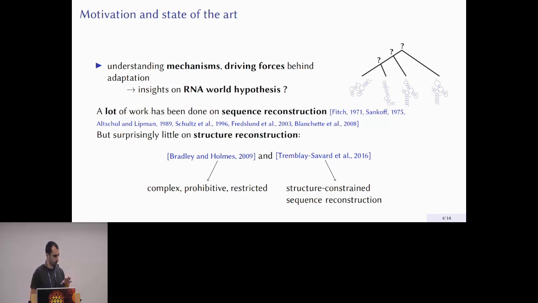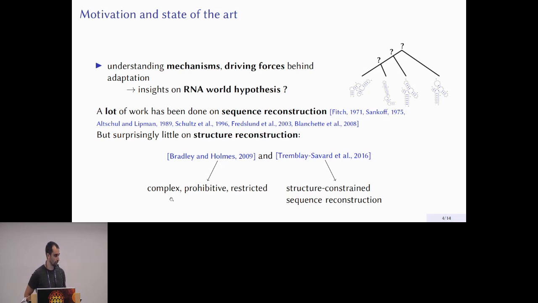But this work also stems from a gap we've identified in the literature, where a lot of work has been done on ancestral sequence reconstruction, but not so much on structure reconstruction. In fact, we've only identified two previous articles. This 2009 article uses covariance models, if you've heard of them.